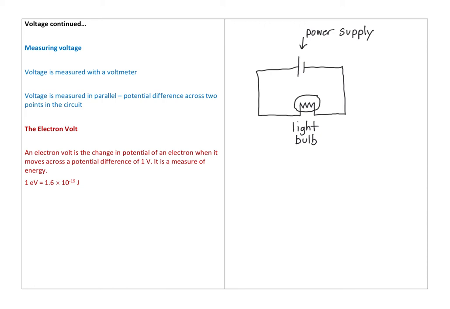Basically, because we're interested in that potential difference between 2 points, we're interested in measuring something across 2 points in the circuit. That's how I remember it.